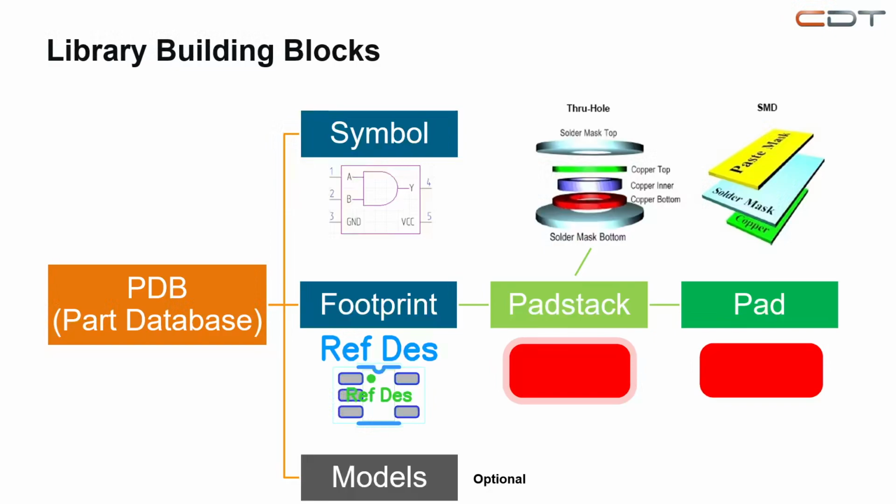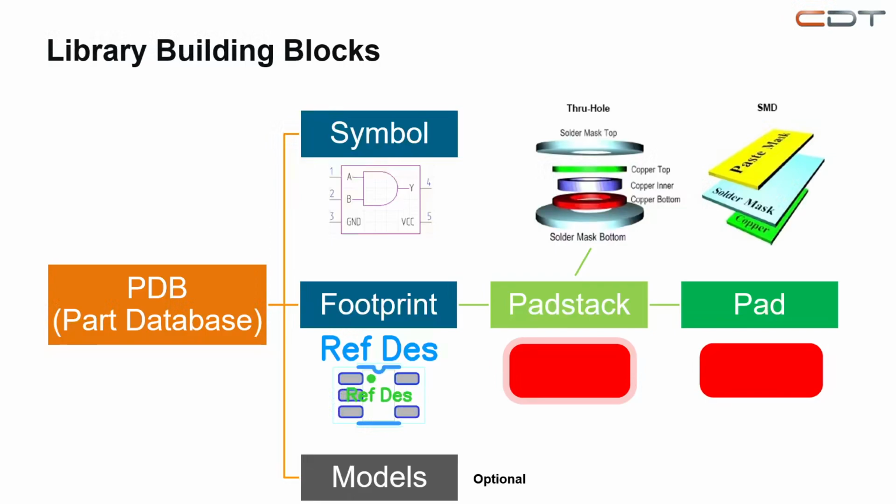When we combine a couple of pad stacks, we have a footprint. A footprint is the physical representation of a PCB component. There is also a logical representation called a symbol. And you can also add some models like HDL, SPICE parameters, whatsoever.